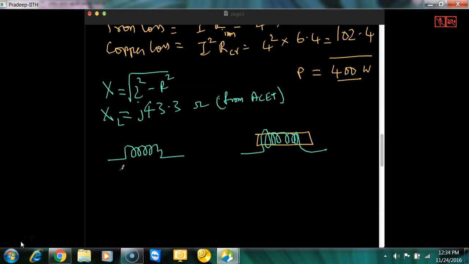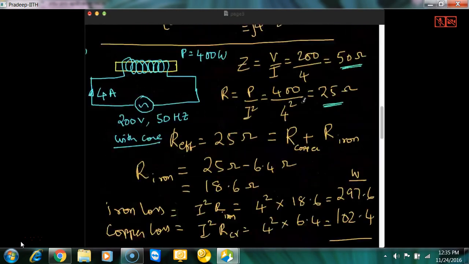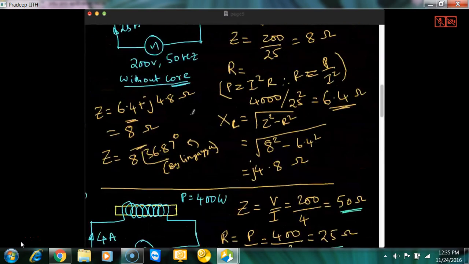So here XL is how much, and here XL is how much. Here it is 43.3 j ohms, whereas what was the XL before? 4.8.